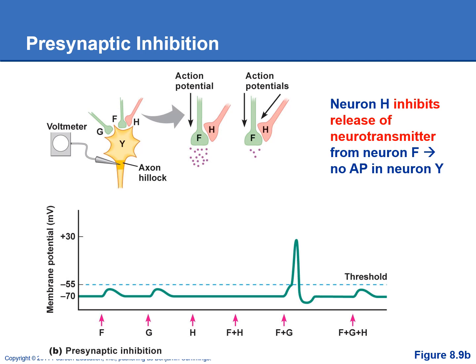And you would add their graded potentials together, you reach threshold, and you get an action potential with F and G both firing together. So hopefully you said that that's spatial summation if you have F and G firing together. So just a little review there.